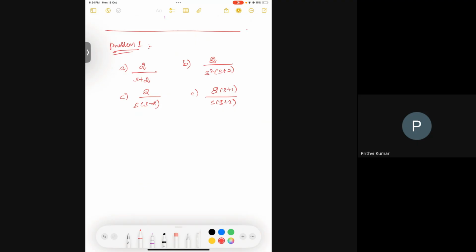Can you tell me which one of the systems are stable or which one are unstable?